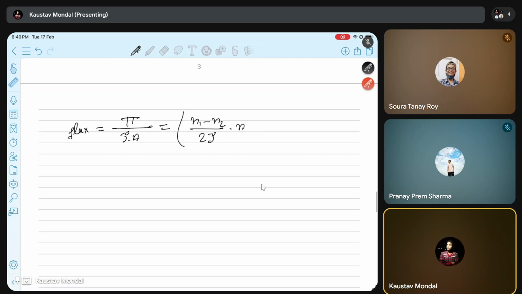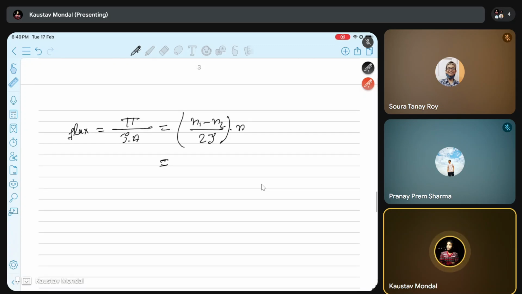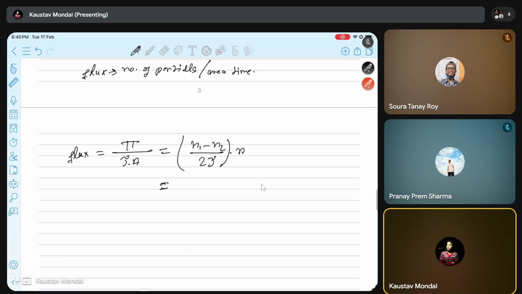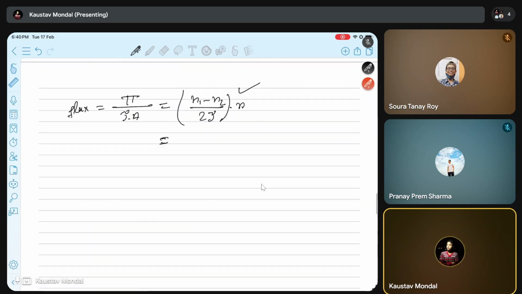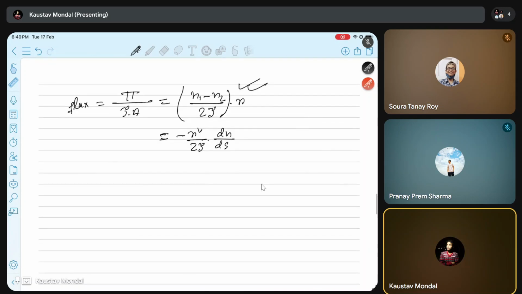Now we substitute the gradient here, and we can write this quantity as minus r squared by 2 tau dn/ds, where ds is a small distance. So this is the flux.